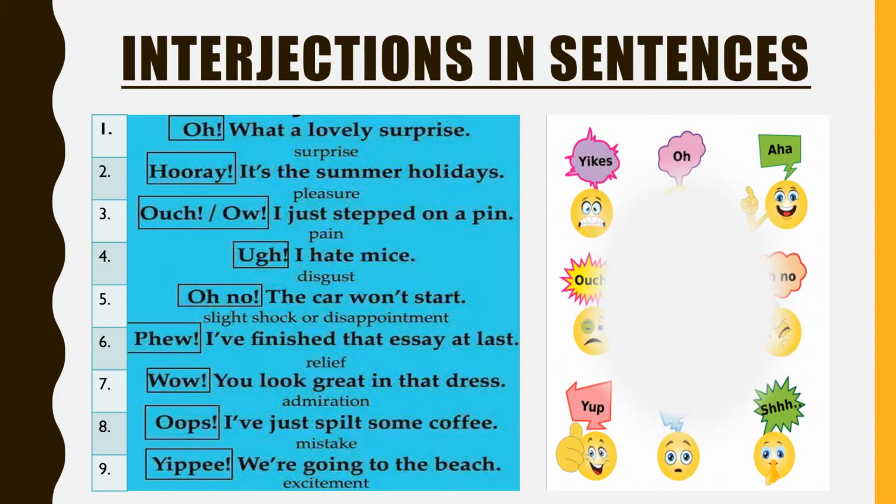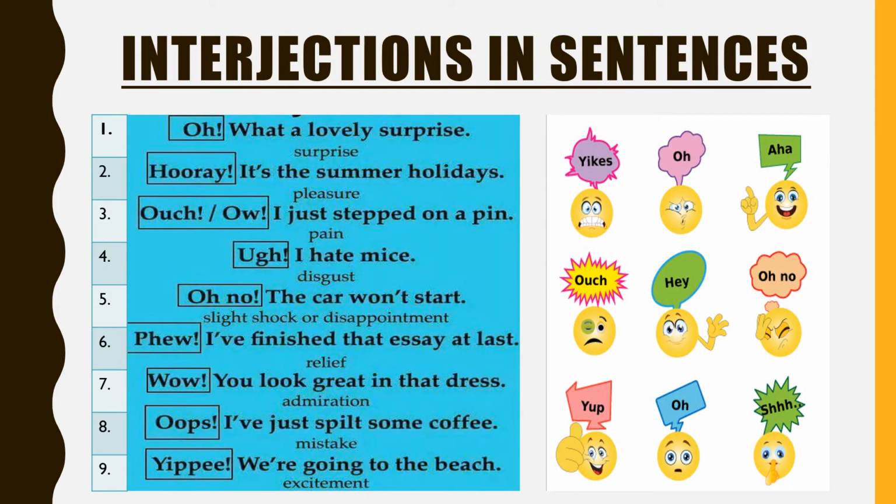Here are a few example sentences of interjections. First sentence, "Oh, what a lovely surprise." Here this oh is telling us about the surprise. Coming to the second sentence, "Hooray! It is the summer holidays." It tells us about the pleasure.